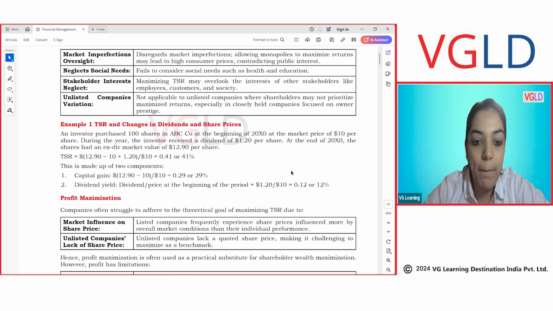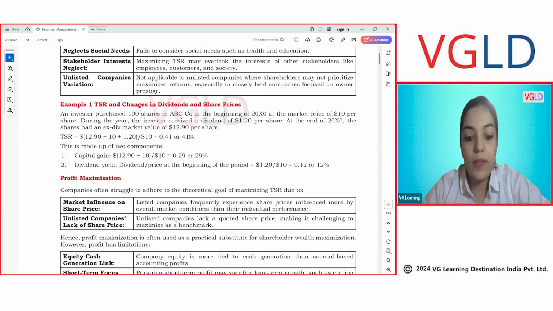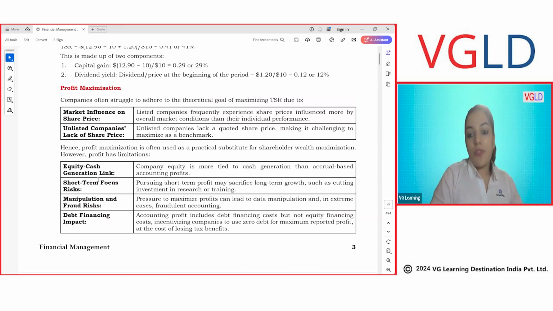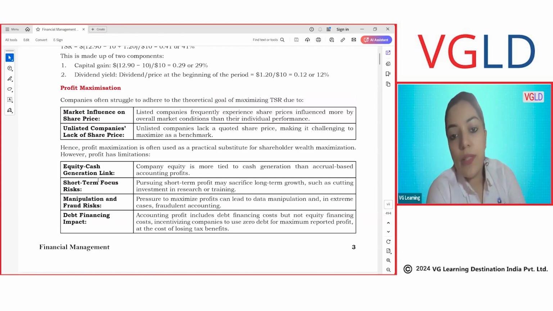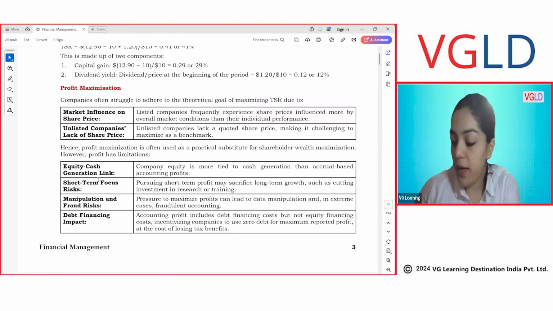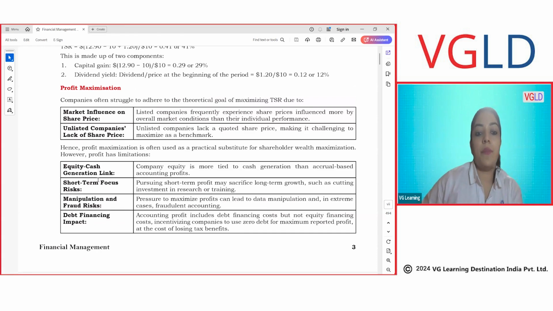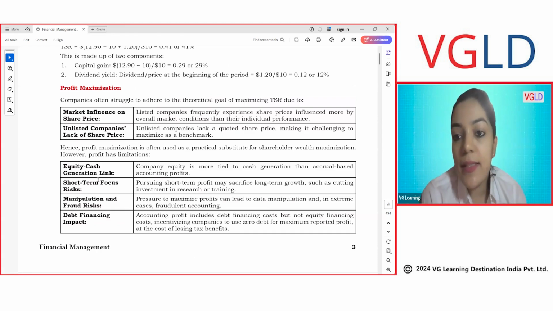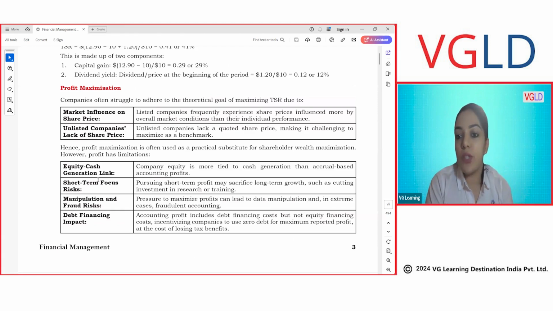Okay, all right. So now we did this. So companies often struggle to adhere to the theoretical goal of maximizing TSR due to market influence on share price. Listed companies frequently experience share prices influenced more by overall market conditions than their individual performance.